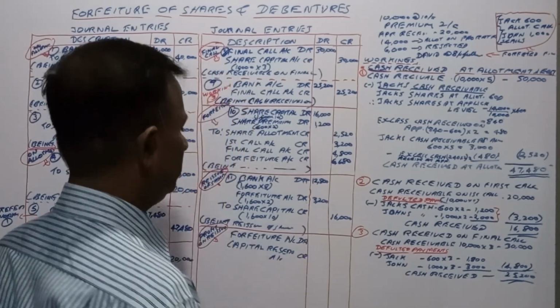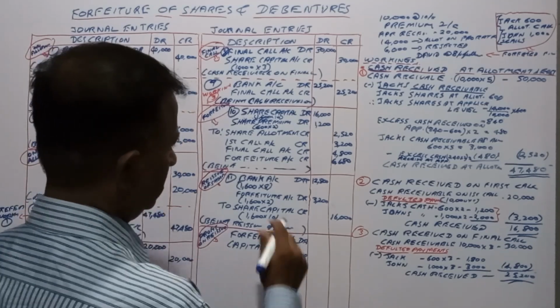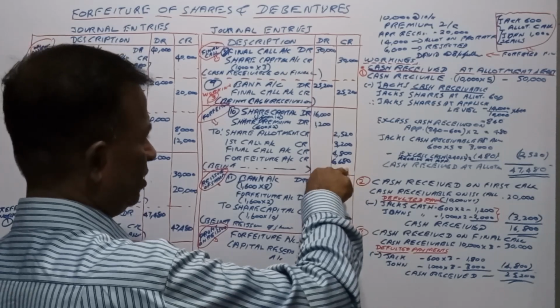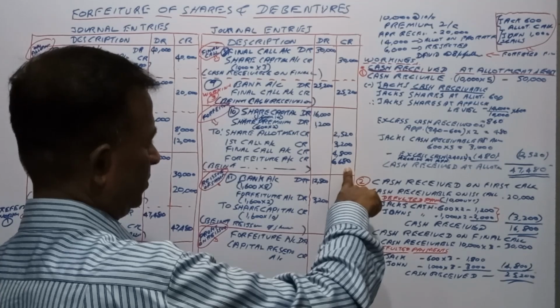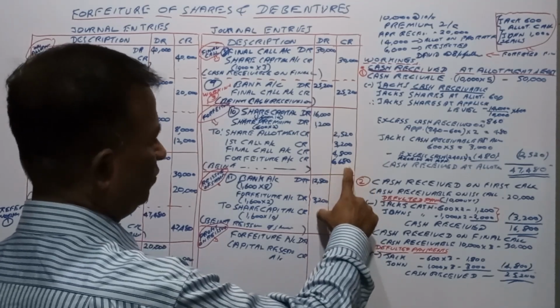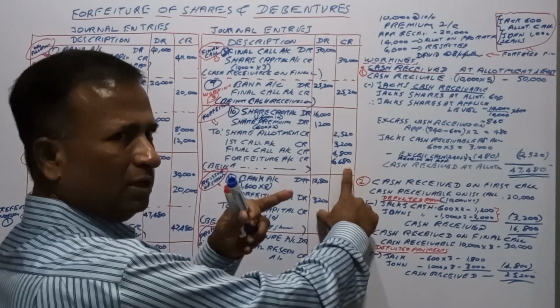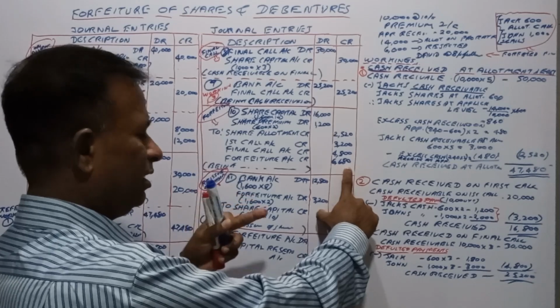How much is the profit? The forfeiture account has 6,680 credit balance. Here we have the forfeiture account of 3,200 debit. If it is a T account, it will be easy to calculate; if it is a journal entry, a bit difficult.